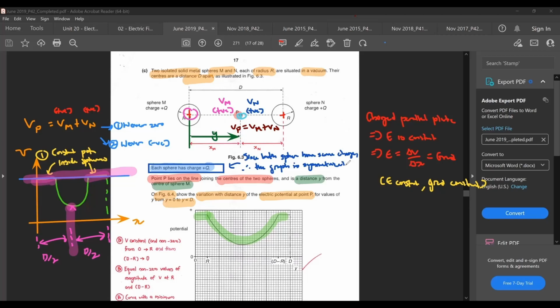That's why you get the shape that you see now. So this green line here that I highlighted is what you're supposed to get.